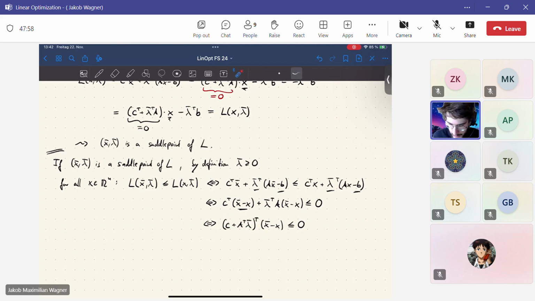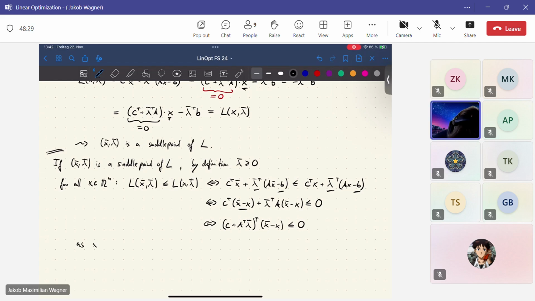And what we've done now is that we show that for all x in Rn, this inner product of this guy and x bar minus x is less or equal than 0. But because the x is arbitrary, we can take here x bar plus all the unit vectors and minus all the unit vectors. And thus from this less or equal than 0 condition, we actually get an equal to 0 condition.